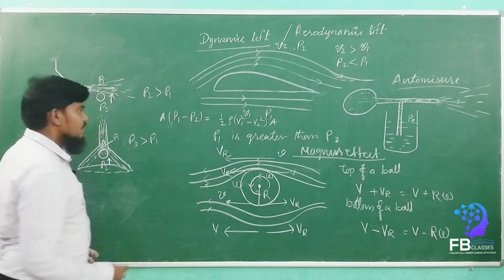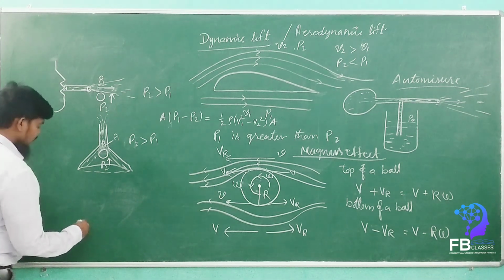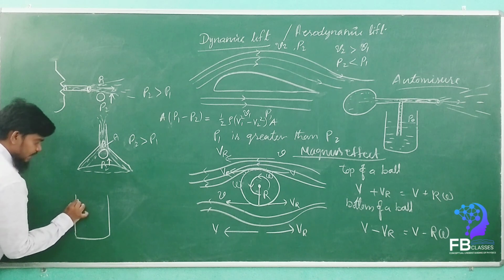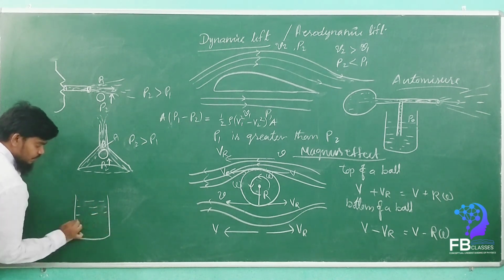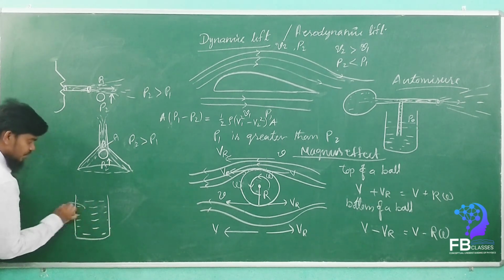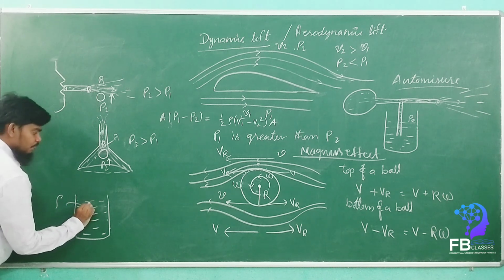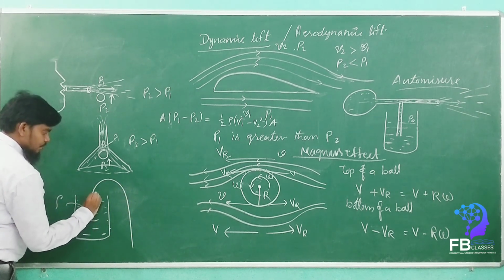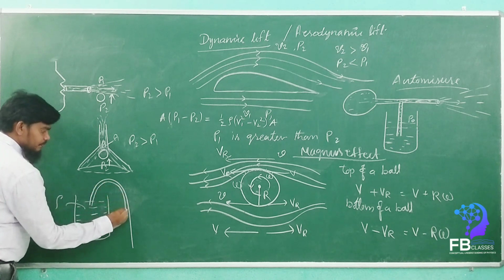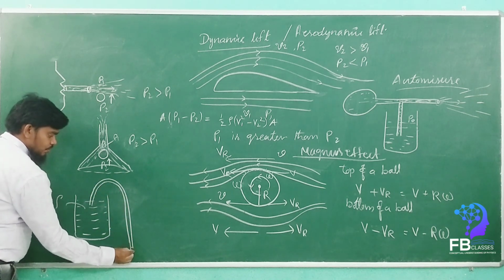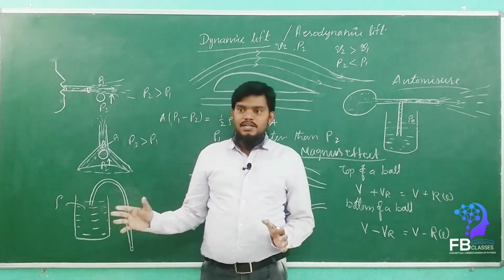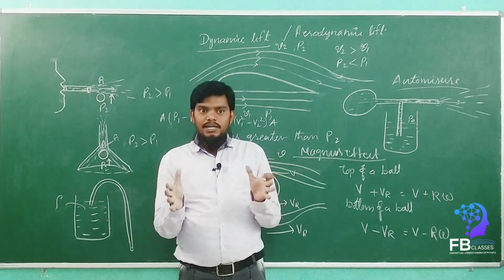Siphon is very easy. See here. If you take a container which has the liquid of density rho, and you take a small pipe, see, most of the time in our day-to-day life, oils will be there, right, for the oil tanker.